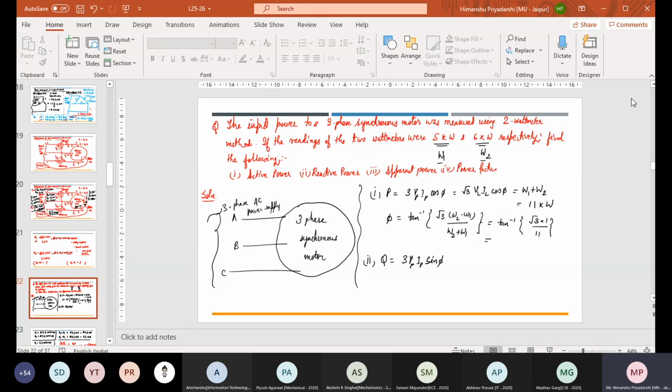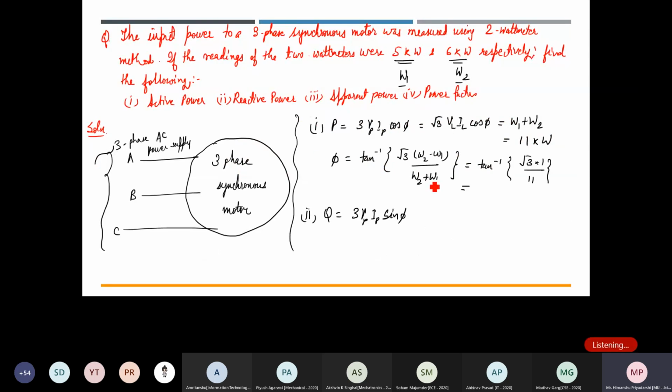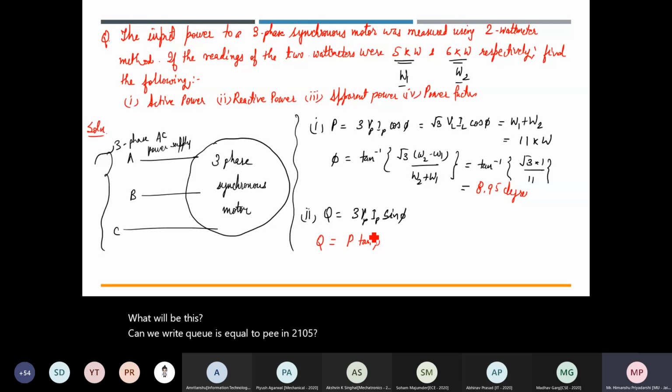So phi is 8.95 degrees. So what will be this? Can we write Q is equal to P into tan phi? Is this correct?